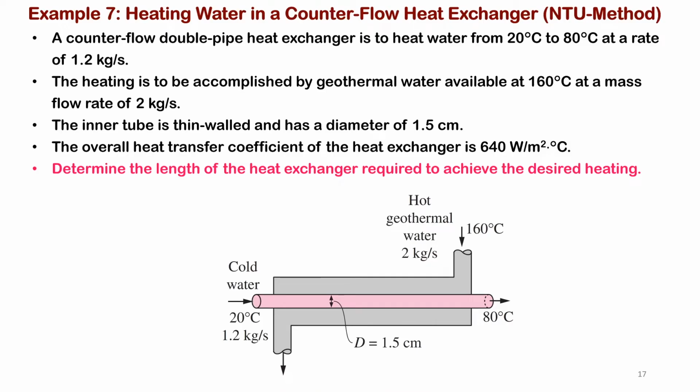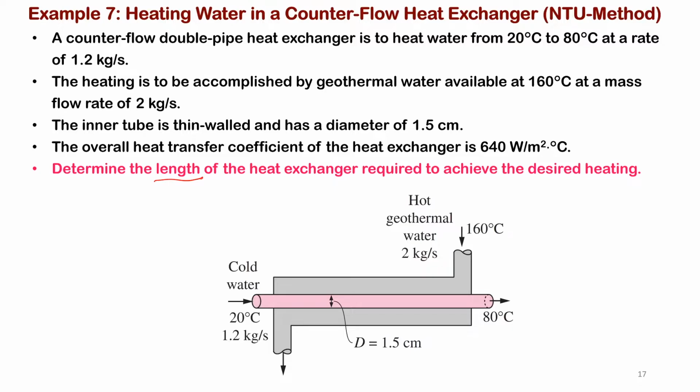The final example I'm going to solve about the effectiveness NTU method: I would like to use the effectiveness NTU method to find the area of the heat exchanger. So I need to use inverse correlations to calculate area. I know the inlet and outlet temperatures for cold water and hot water, and I'm trying to find the area.